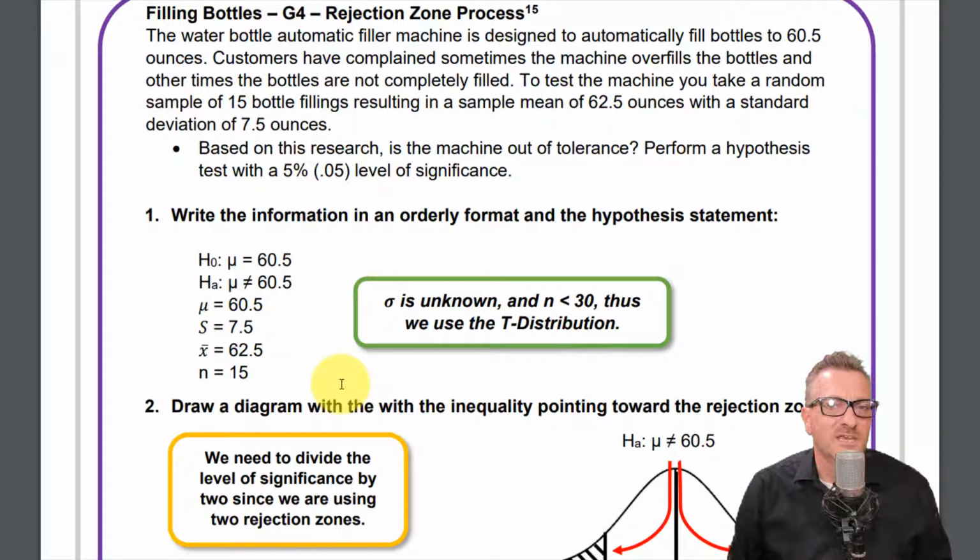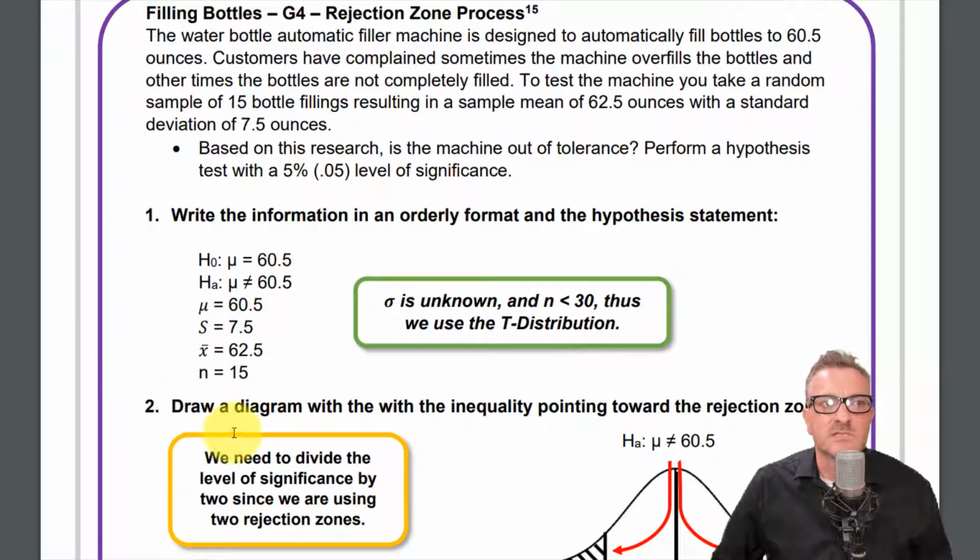So what I'm saying is it's sometimes high, sometimes low. To test the machine, you take a random sample of 15 bottle fillings, resulting in a sample mean of 62.5 ounces with a standard deviation of 7.5 ounces. Based on this research, is the machine out of tolerance? Perform a hypothesis test with a 5% level of significance.